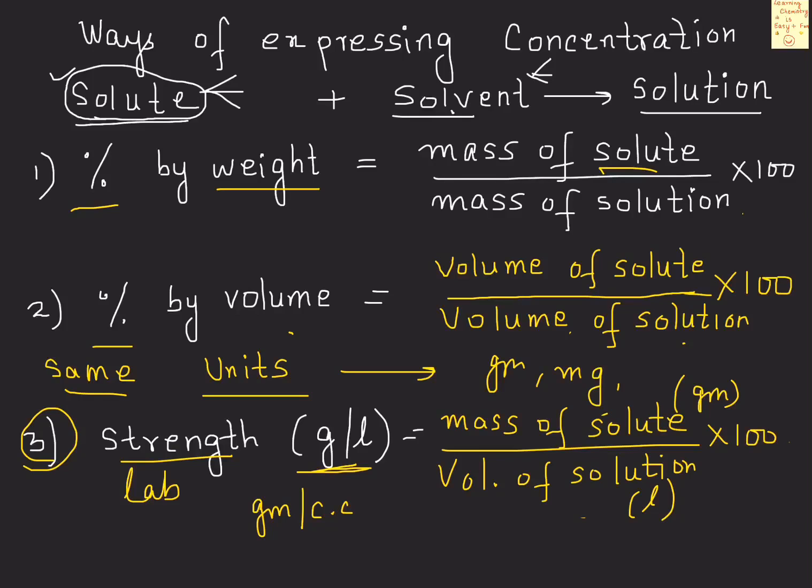So don't be worried, because you know the relation between liters and centimeter cube. 1 liter is 1000 centimeter cube, which is also in short called cc. So don't worry, there's another addition to your knowledge. So let's go on to express the concentration in terms of the other values as well.